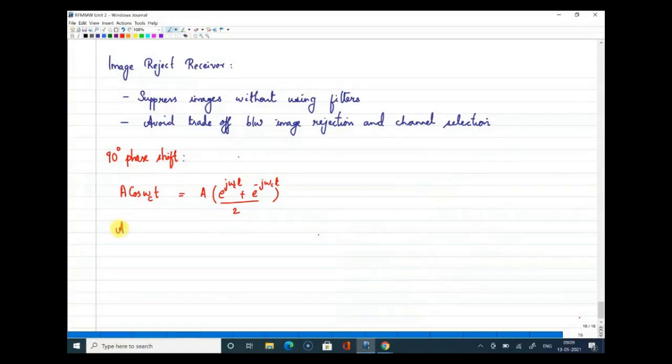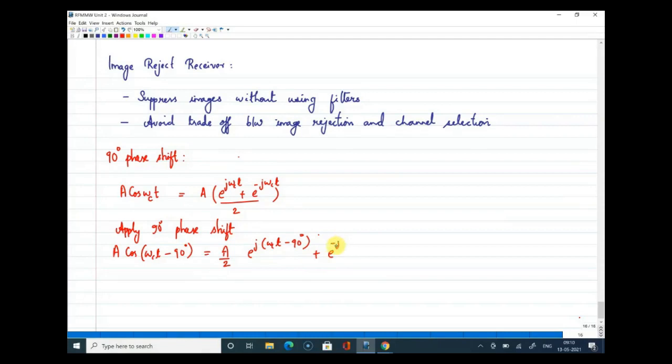So if I apply 90-degree phase shift, what I want is A cos of omega ct with a phase shift of 90 degrees. So that can be further written as A by 2, where the omega ct term is shifted by 90 degrees plus e to the power of minus j omega ct also with 90 degrees.